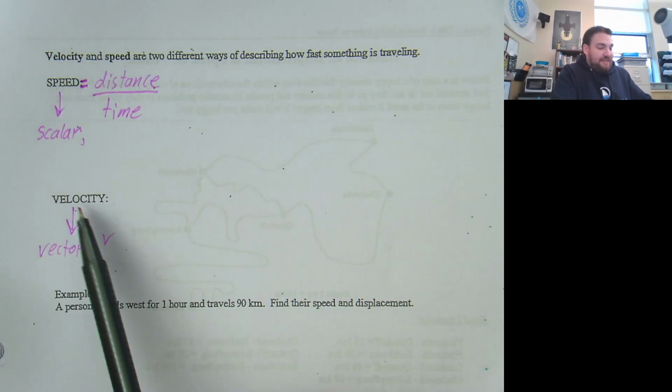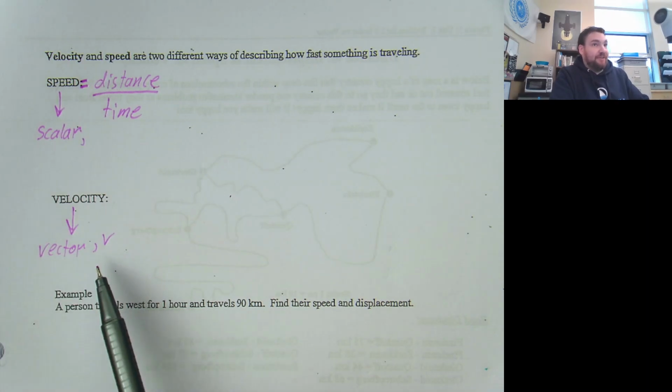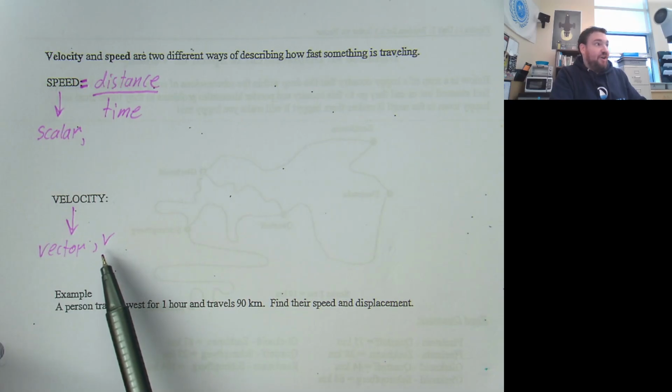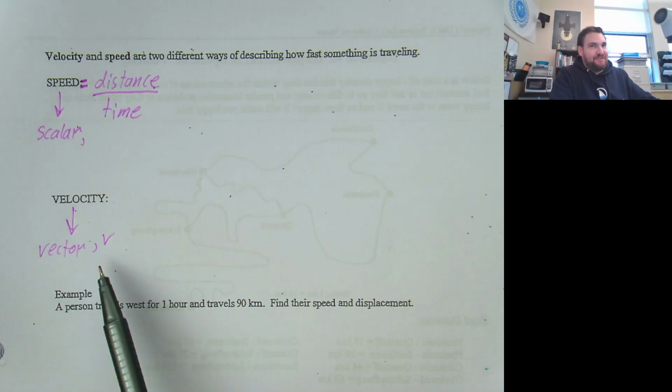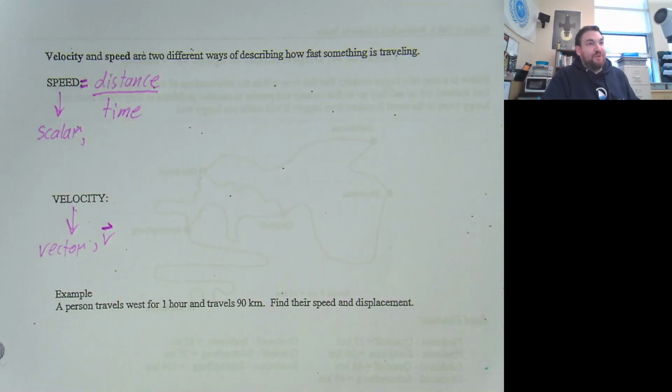And so if velocity is a vector given by the letter v, what needs to be added to this symbol to denote that it's a vector? All vectors have what piece added to their symbol? An arrow above them. But you're right.